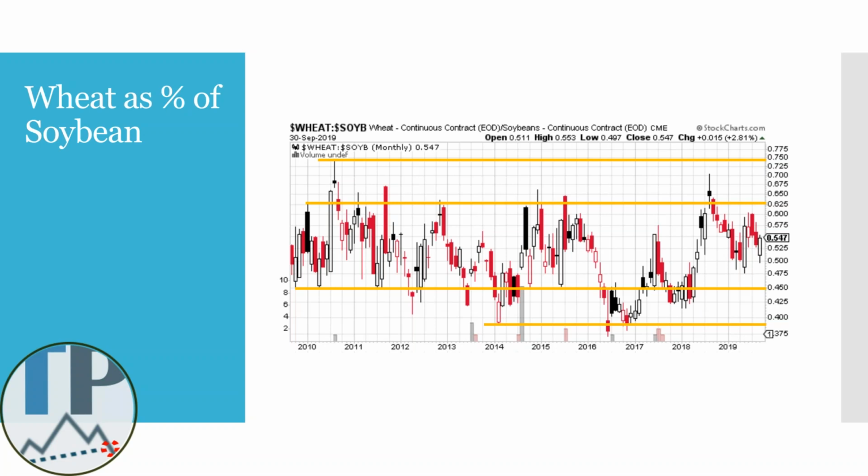Quite often throughout the entire history that wheat and soybean have been traded as futures contracts, from this chart alone, which isn't the most exhaustive chart history, you can see that there is a range which wheat has traded as a percentage of soybeans over this 10-year period, which has been largely within 0.4 to 0.7 or 0.75 of the soybean price. And so in percentage terms, that would be 40% to 75%.